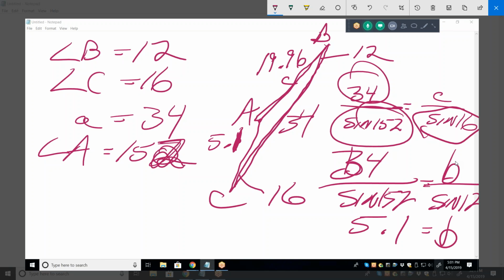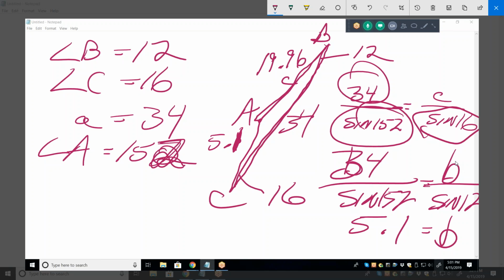Now, let's check to make sure that we're ballparking it. What does that mean? Ballparking it, when I say that with a triangle, it means, do we have the biggest angle opposite the biggest side?